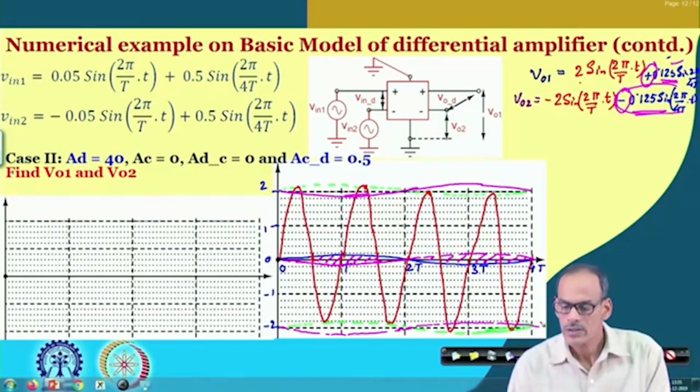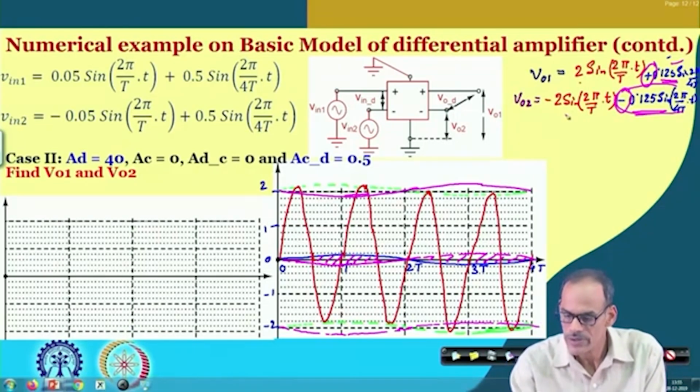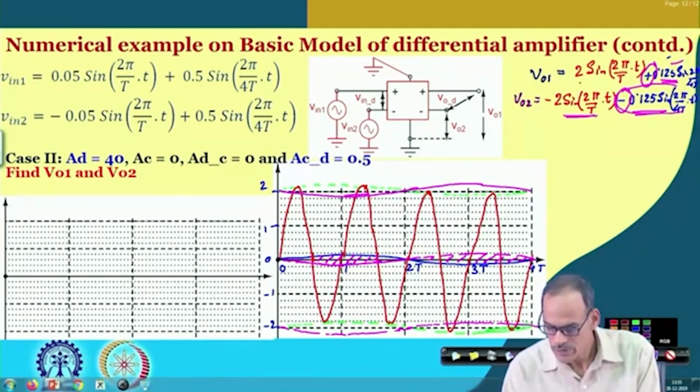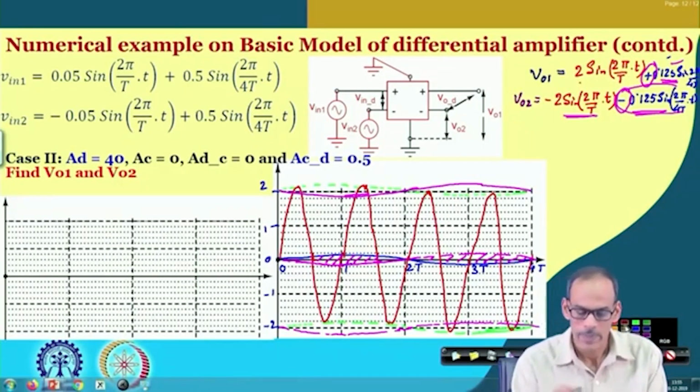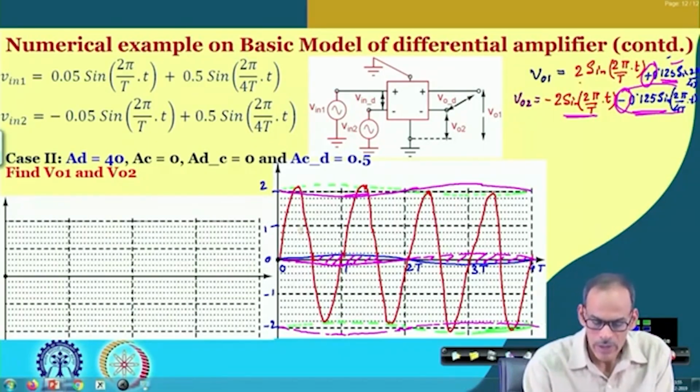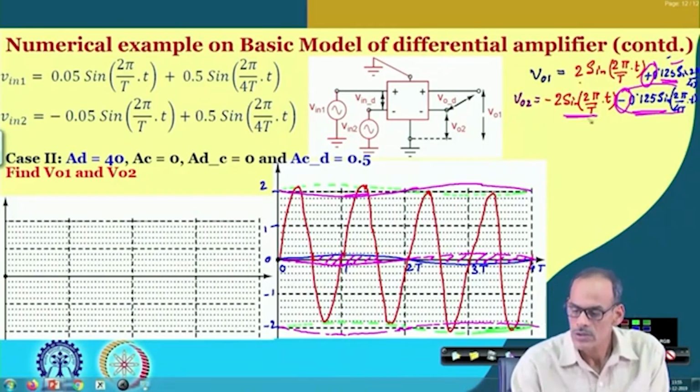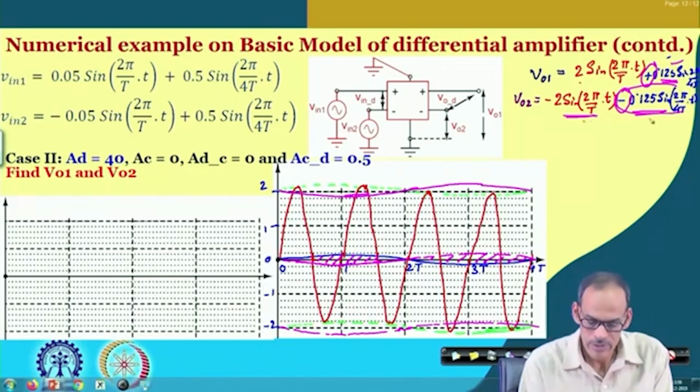Right, and then if I sketch this part, let me use a different color for that. Let me use a black one. Okay, this is also fine. So here, both this part and this part are having opposite phase with respect to VO1.